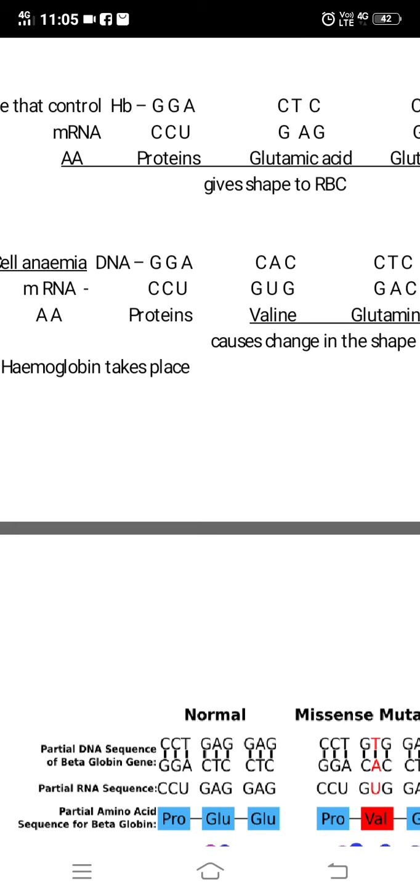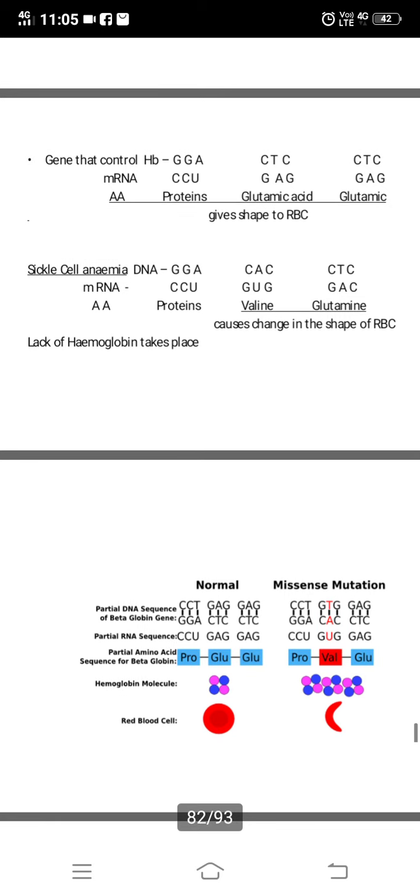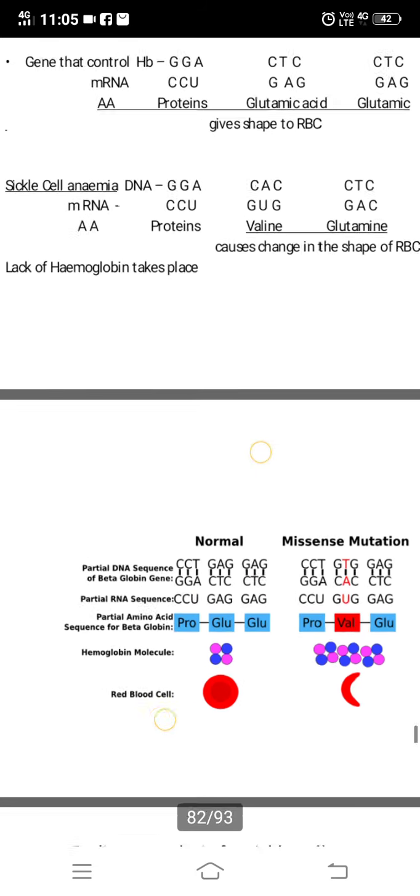So in the sixth position, there is a change from glutamic acid to valine, and this valine causes the change in shape of the RBC. Why does this happen? Because there is a lack of hemoglobin function and a lack of oxygen. Now look here.